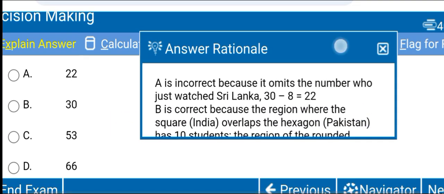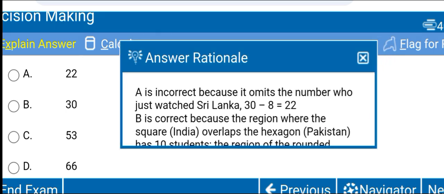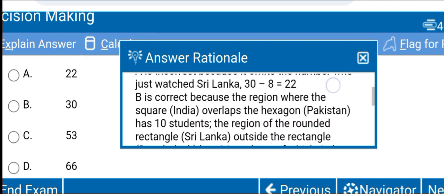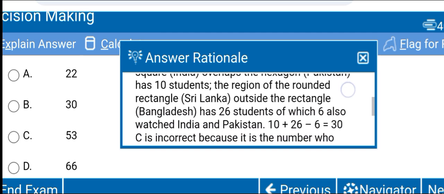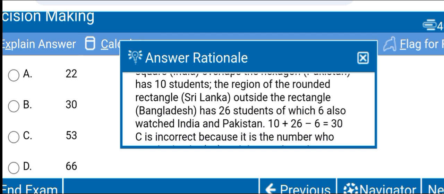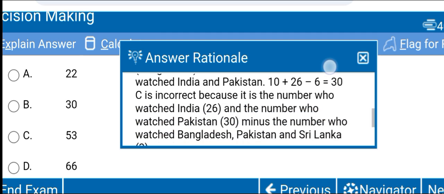Option A is incorrect because it omits the number who just watched Sri Lanka, that is 30 minus 8 equals 22. B is correct because the region where the square overlaps the hexagon has 10 students. The region of the rounded rectangle outside the rectangle has 26 students, of which 6 also watched India and Pakistan. So it is equal to 30.